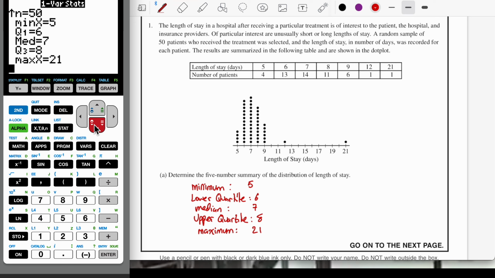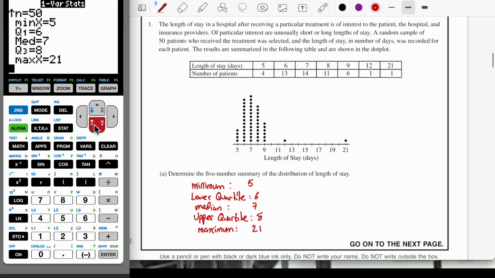You have a person who stayed for 12 days and a person who stayed for 21 days. So, putting the contextual aspect aside, there is a number that's way off the beaten path here. So I'm suspecting that that's an outlier, but we'll see.